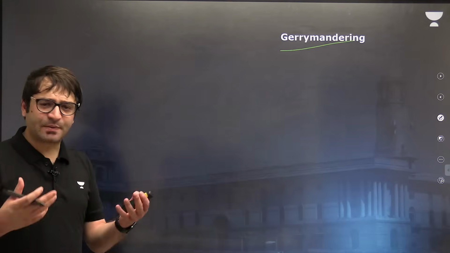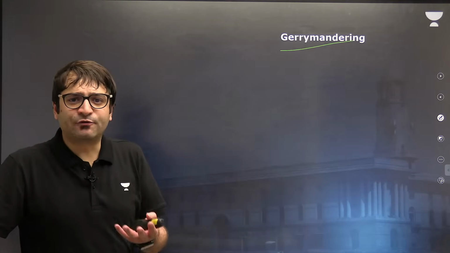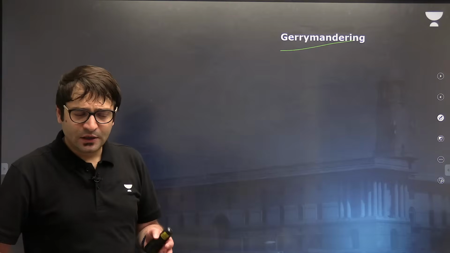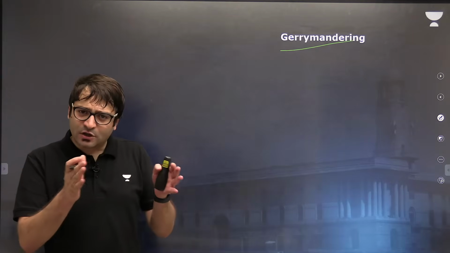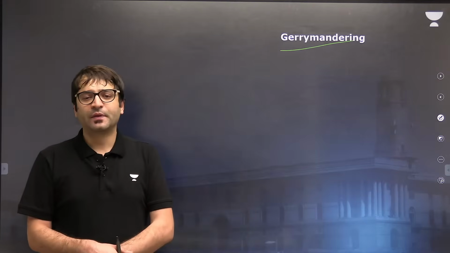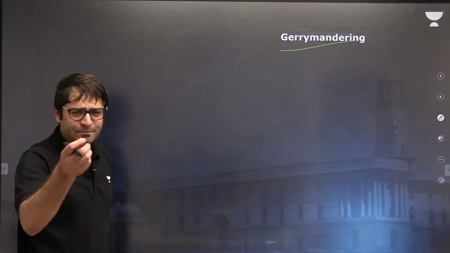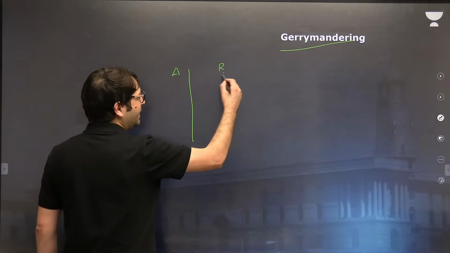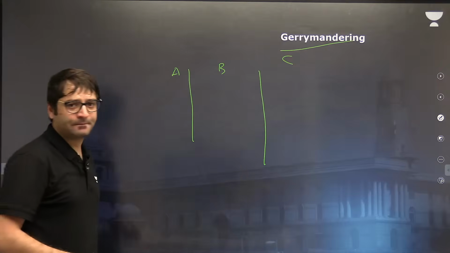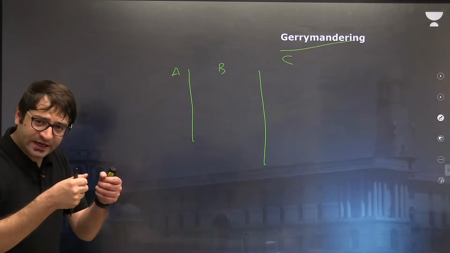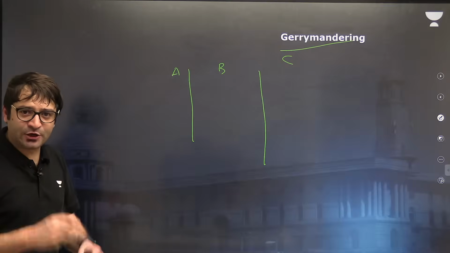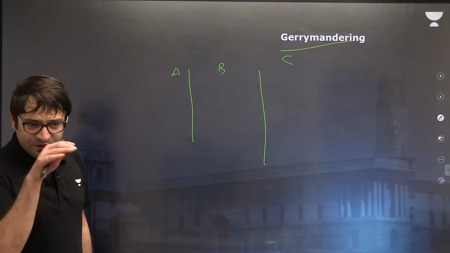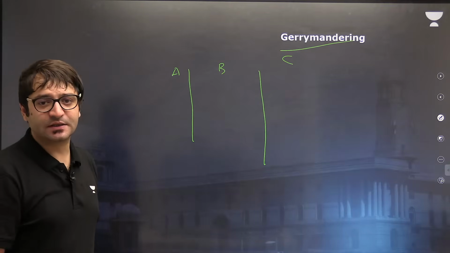Gerrymandering is a practice. In England, for example, and in other countries, you delimit constituencies in such a manner that it favors the ruling political party. How? A simple example. For example, there are three constituencies, A, B, C. If we don't protect the political affiliation under right to privacy, there can be surveillance.